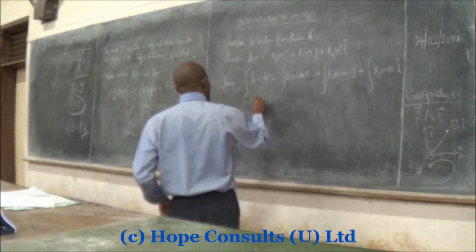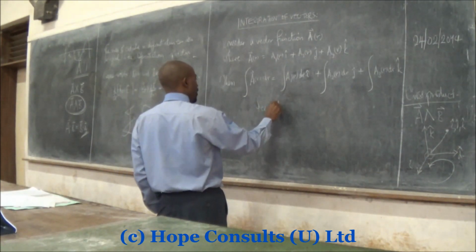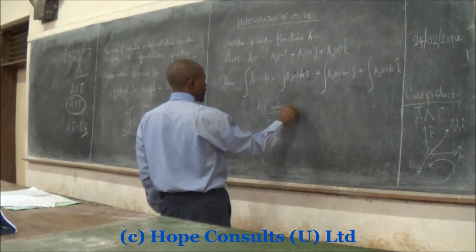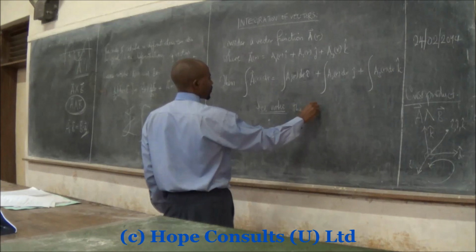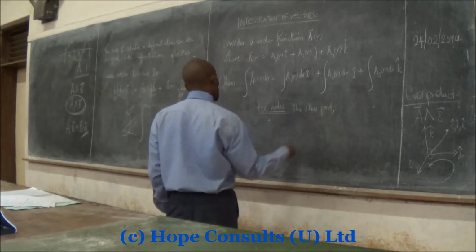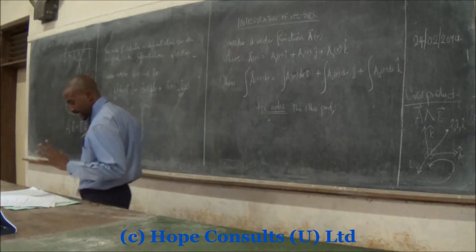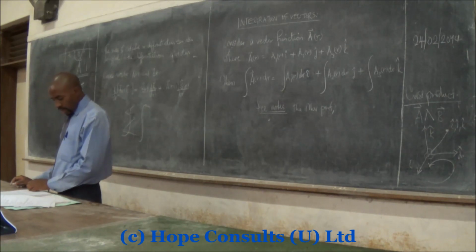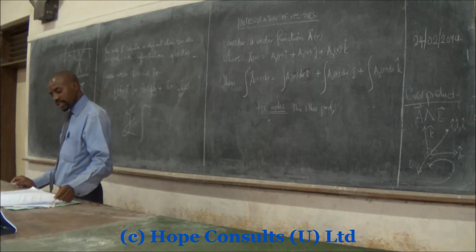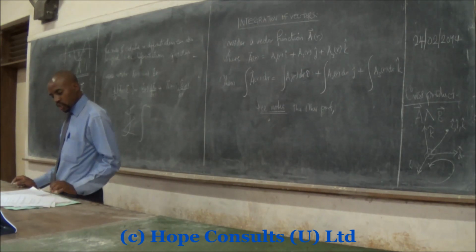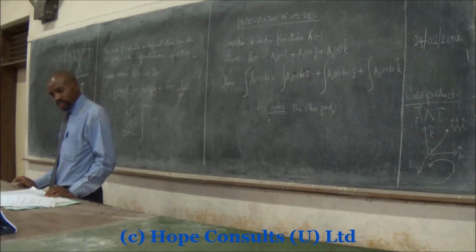Okay, see notes for the other part. This is taking so long, I didn't expect it. So examples are that we look at velocity being the differentiation of position, and acceleration being the differentiation of velocity.